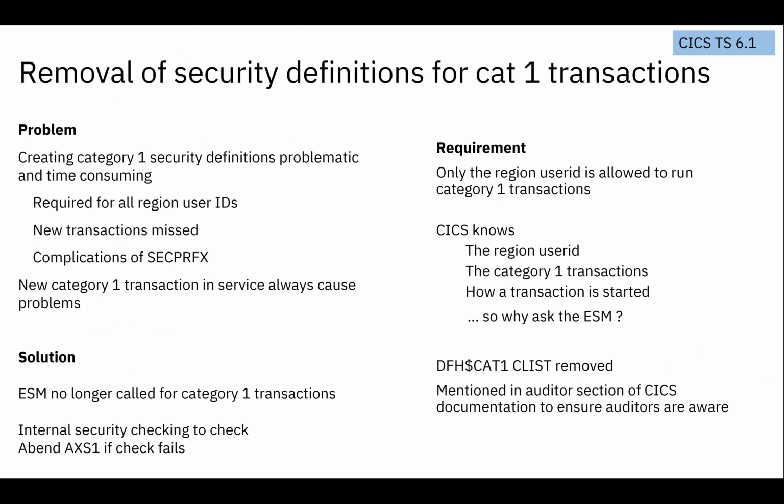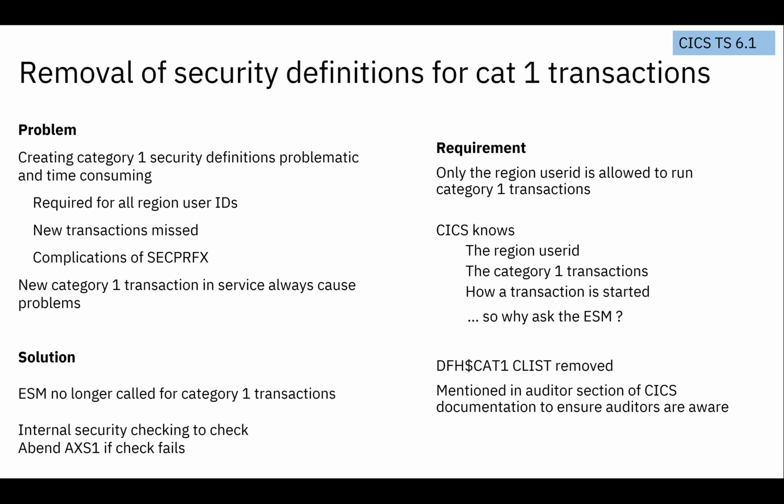An even bigger one, which is one that auditors like to look at, is the Cat1 transactions. For years, we've had this CLIST to define the region access to Cat1 transactions. And auditors like to look at this because it's an easy thing to audit. Do all regions have access to Cat1 transactions?